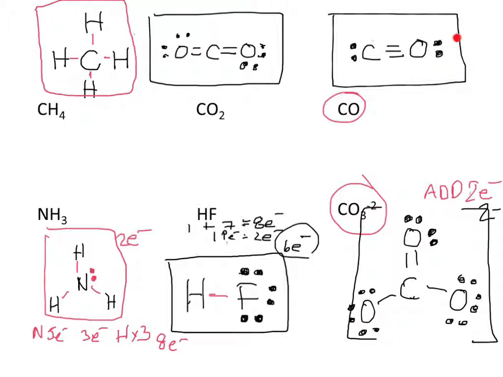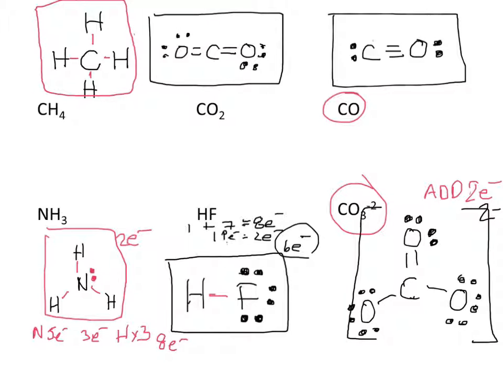You can do the quick count: 1, 2, 3, 4, 5, 6, 7, 8, and then 1, 2, 3, 4, 5, 6, 7, 8. So both octets are satisfied with this structure. You might have tried to write it another way, but this is the only one that satisfies the octets for both of them.